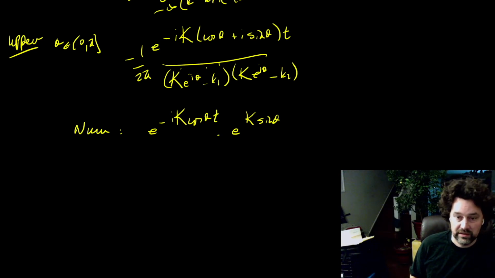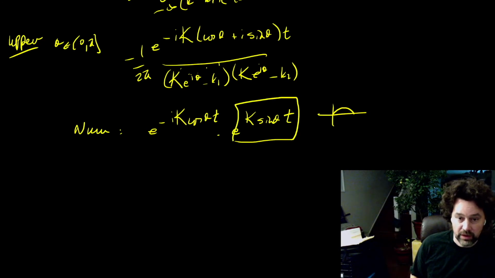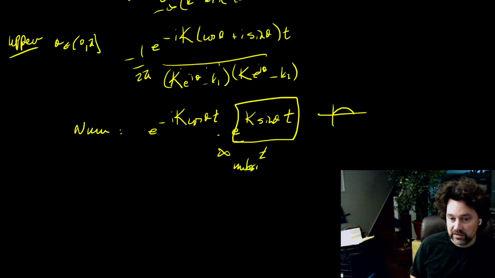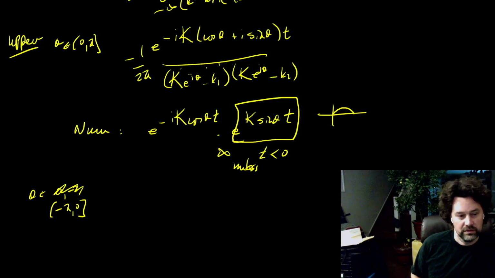And then sine theta, between 0 and pi, is strictly positive. So this is going to completely blow up, it will be infinite, unless t is less than 0. And then in the opposite case, when theta is between 0 and minus pi, or between minus pi and 0, I guess we would say 0 and minus pi.